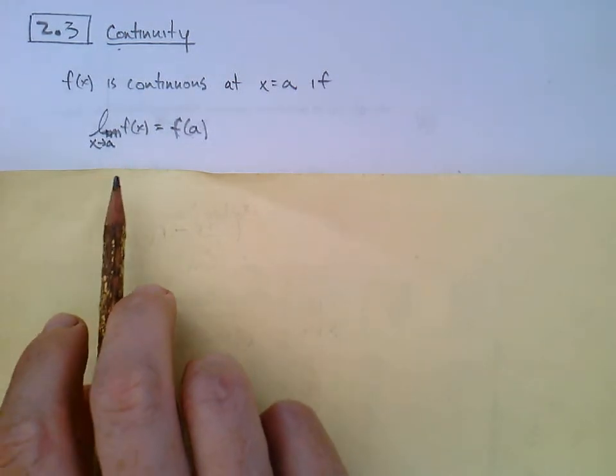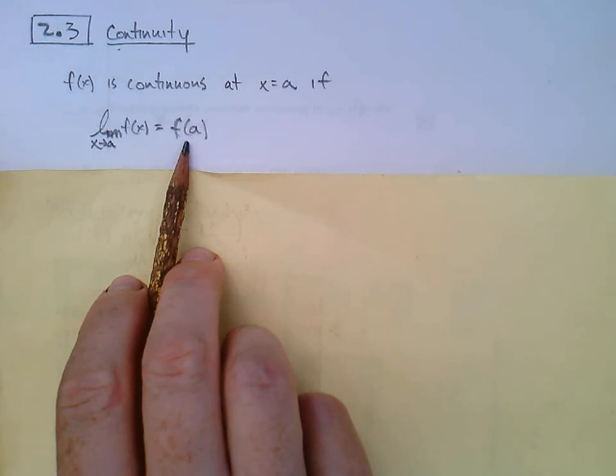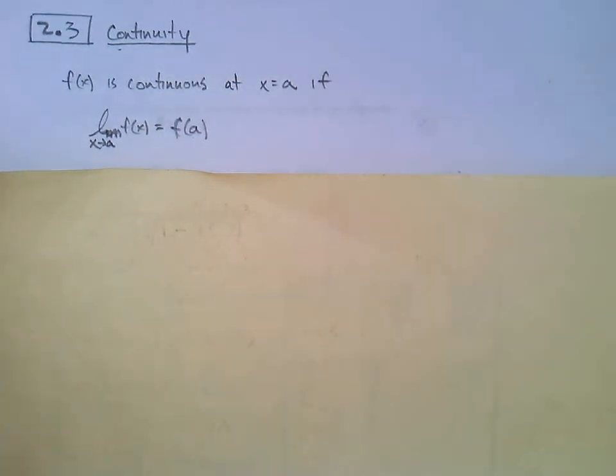We're going to say it's continuous if it equals what you would expect, the function value. So continuity is really just getting at when your limit answer really equals what you would hope and expect. But okay, we'll see what that means in a graph in a second.